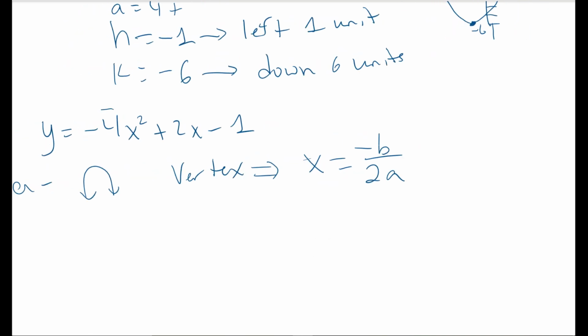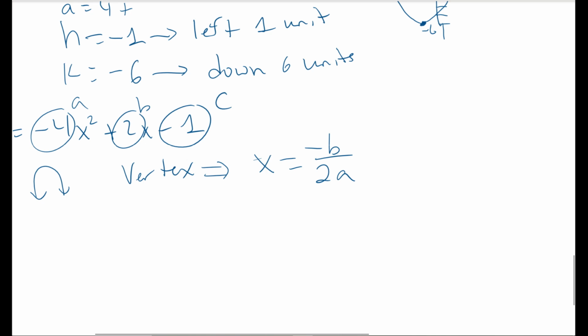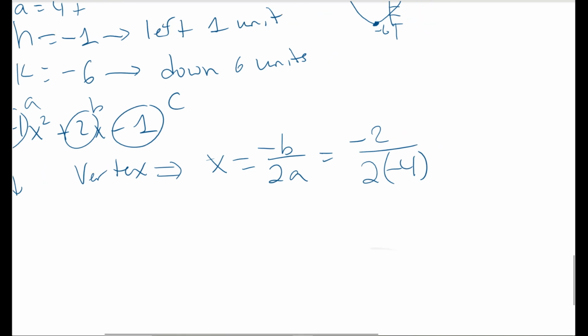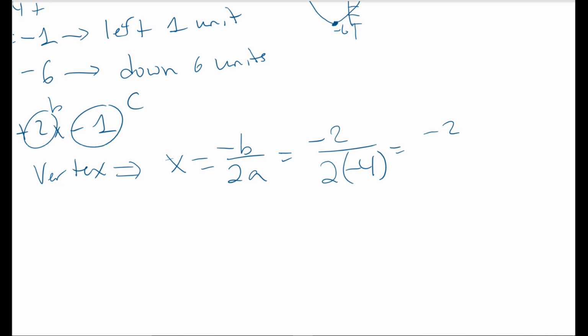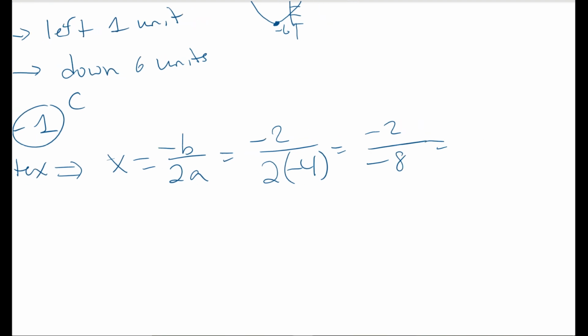Well, we said that this is A, this is B, and this is C. So B is 2, so we have negative, and then plug in the 2 for B, over 2 times A. A is negative 4. Here we don't really need C, but it's good to know what it is nevertheless. Okay, so we have negative 2 over 2 times negative 4 is negative 8. So this reduces to 1/4.